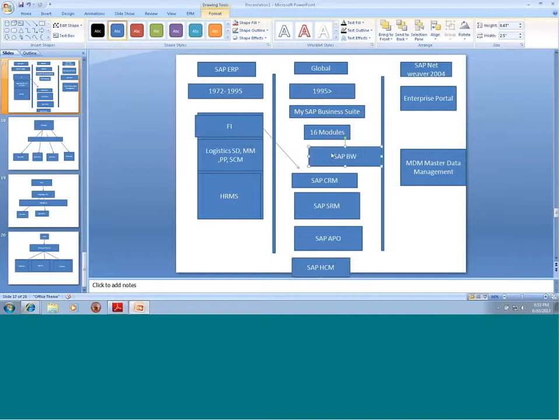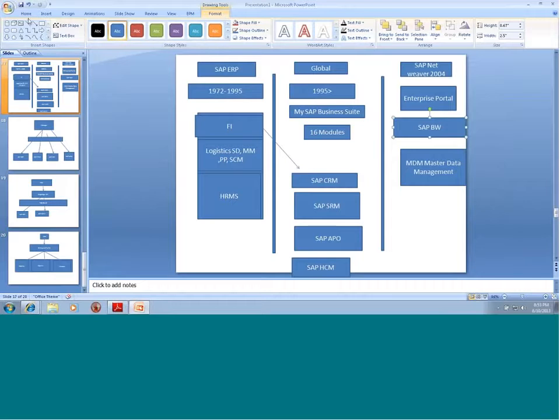But in 2004, with the concept of single sign-on and internet framework, SAP decided to move into a new framework called SAP NetWeaver, and SAP BW made more sense to fall under the NetWeaver application framework, closely integrated with Enterprise Portal.